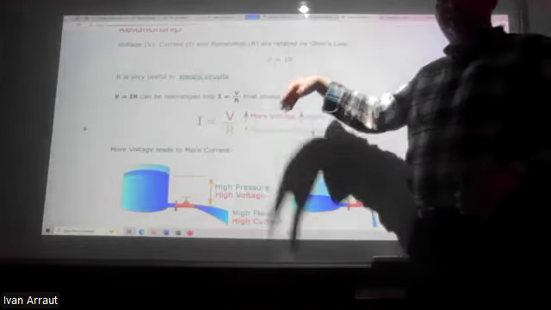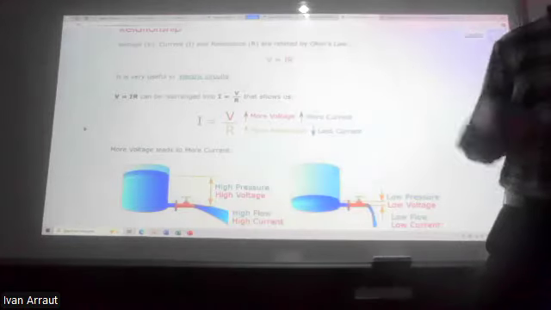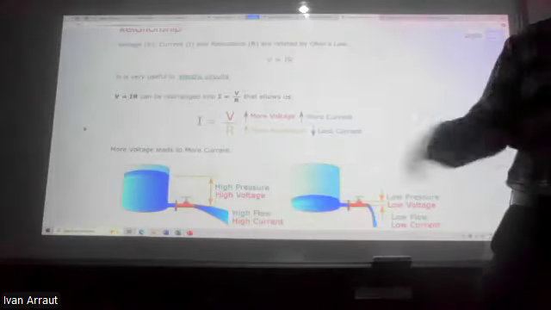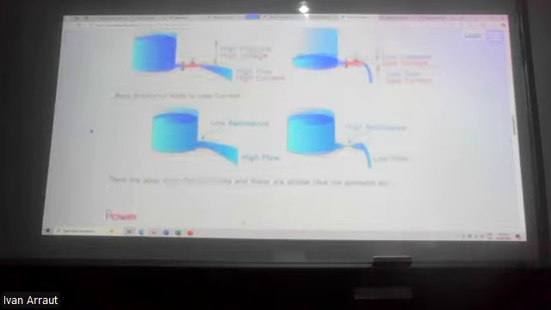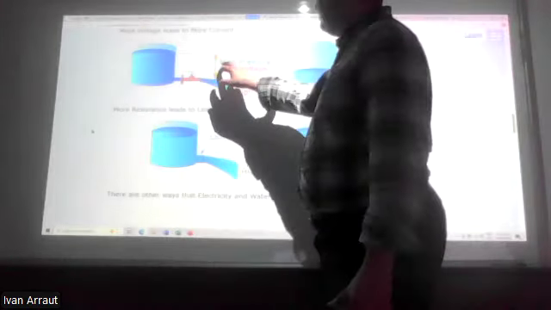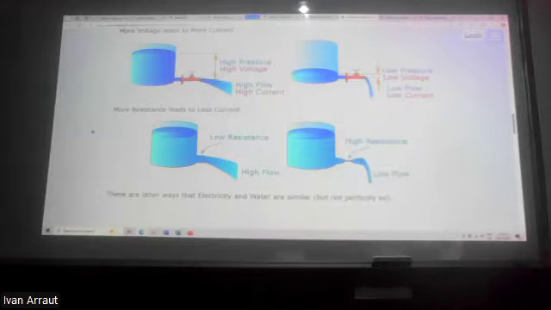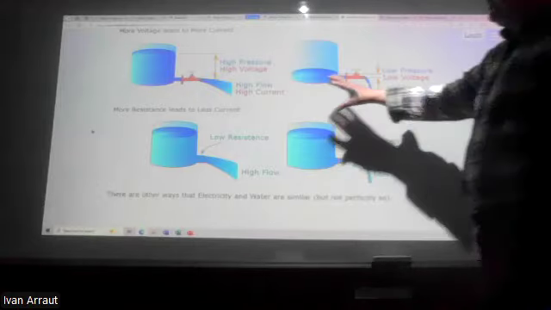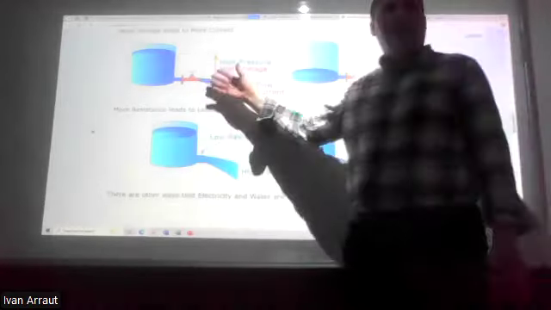More resistance means more resistance to the current, so less electricity will flow, or more dissipation. High pressure, low pressure, flow, etc. I mean, everything is analogous. I will not emphasize it so much because later we will see Bernoulli and hydrostatics in this class, so we will not spend so much time on this part.